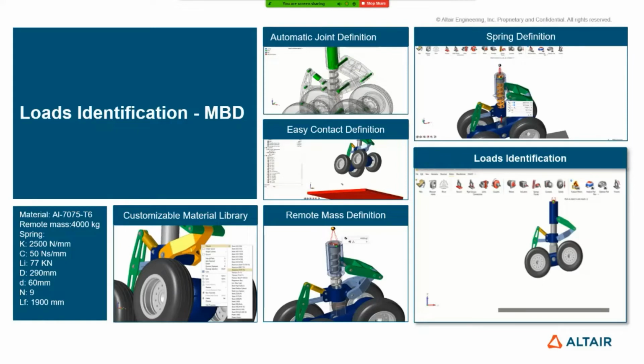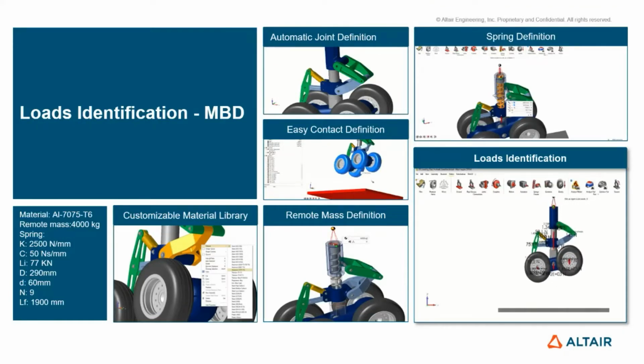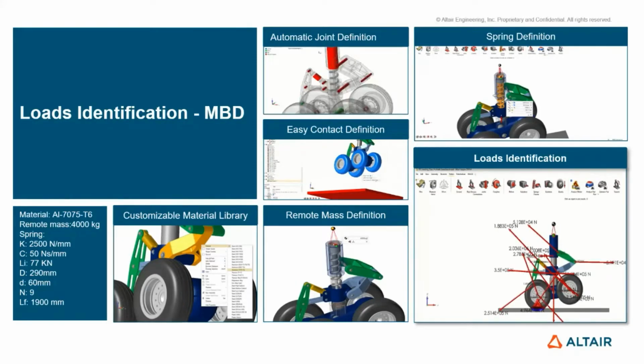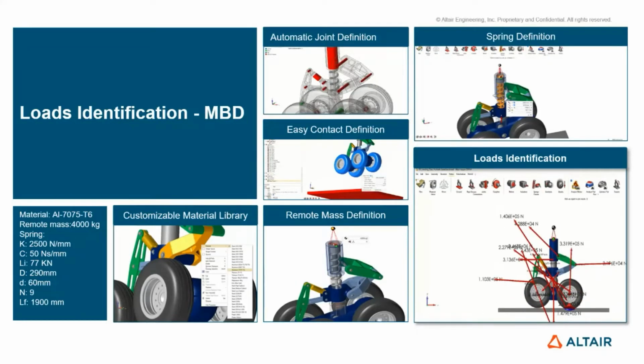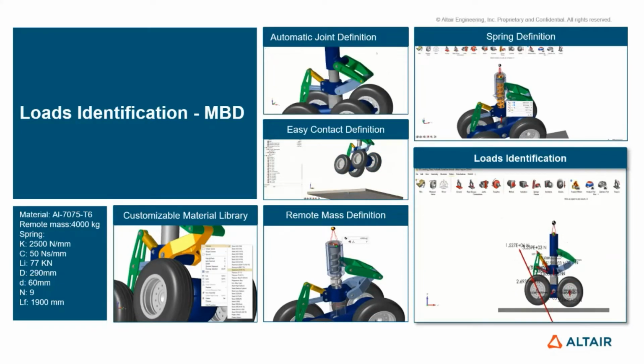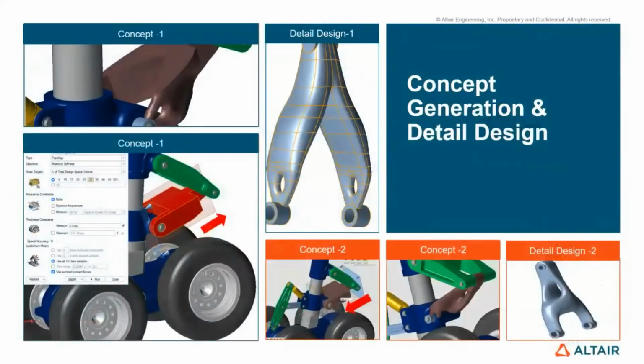We'll create the contacts where it is going to land. Then we'll probably choose the materials required, and then define some more. It is quite easy to set up. Finally we'll get the loads coming on each of the joints. The whole idea is to understand what load is coming on each of the joints. If your component were a single component, you would not require this MBD setup. You could directly apply the load there, right?